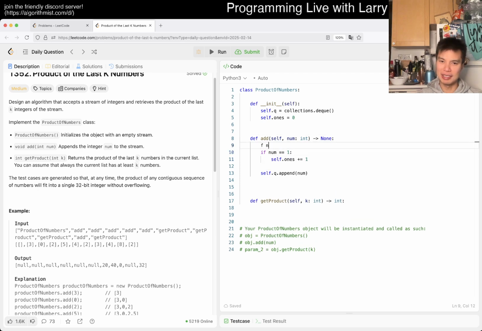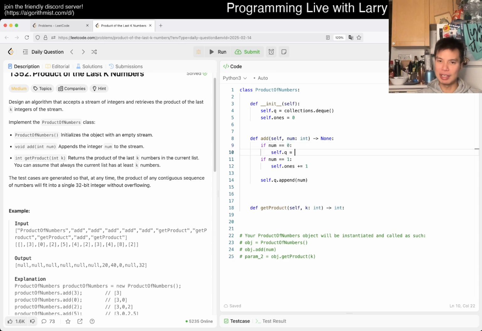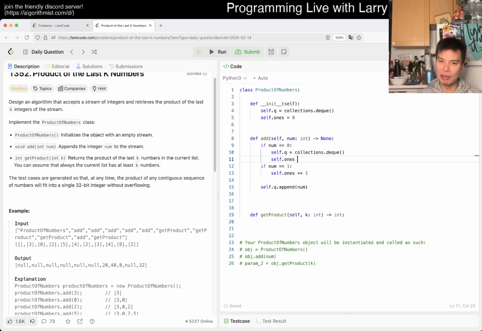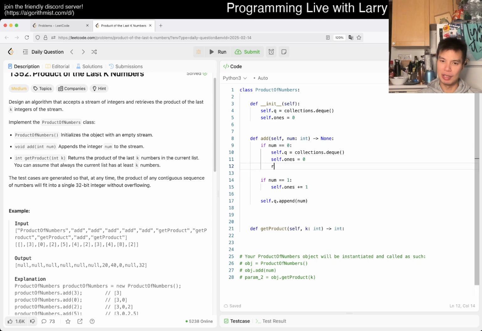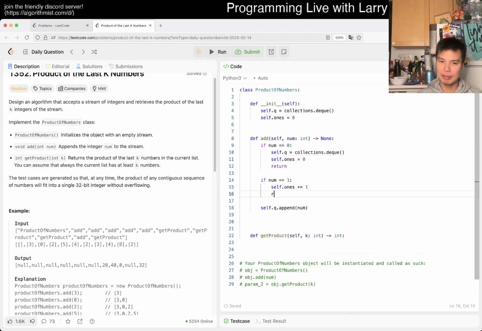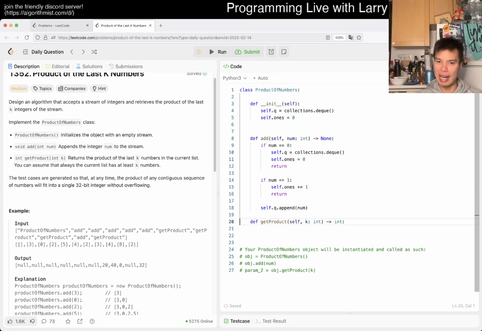If num is equal to 0, then we clear out the queue, because nothing to the left of it matters. We clear out the ones, and then we return, I guess. Otherwise we do this, and that's it, right? For the add. Hopefully that gives you an idea of what I'm thinking of.